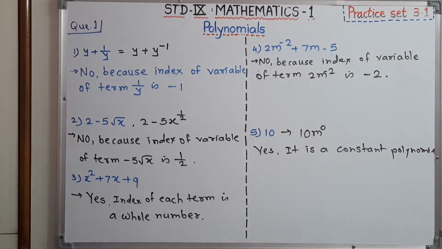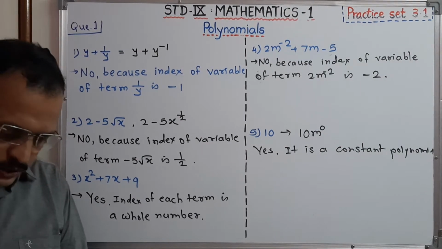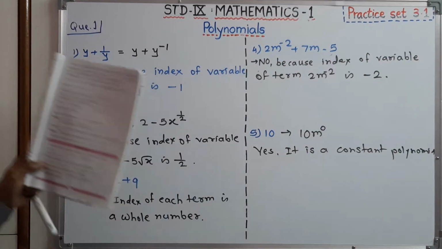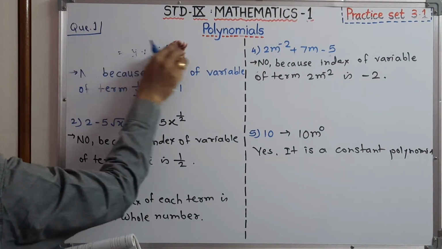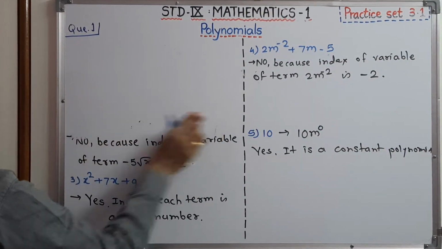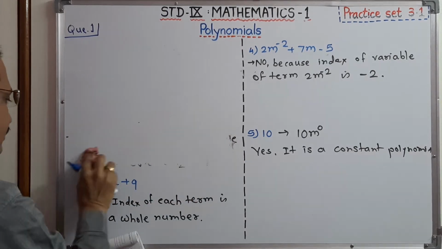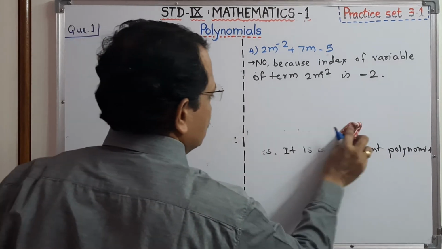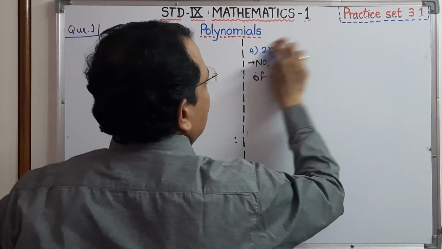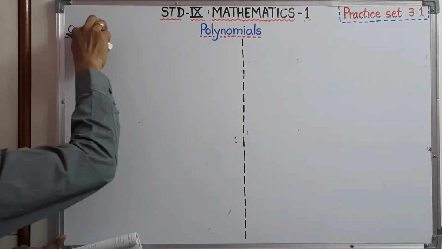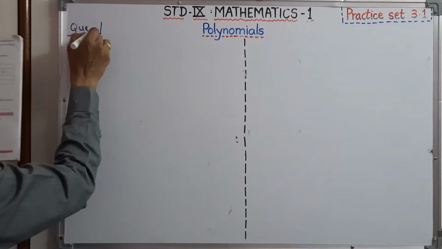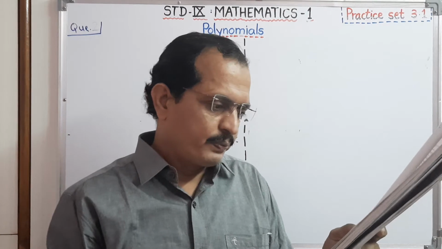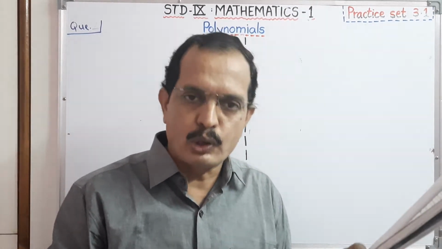Got it? Now see, this is the first question. Now we have to start with the second question. See the question number second one. In this, write the coefficient of m cube in each of the given polynomials.